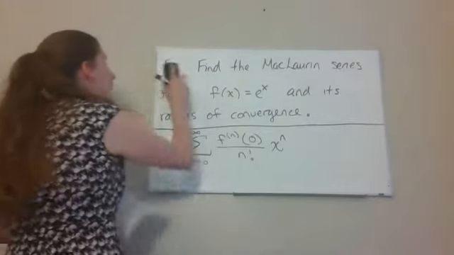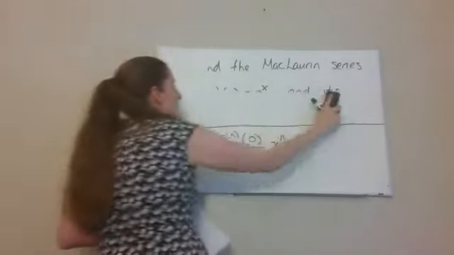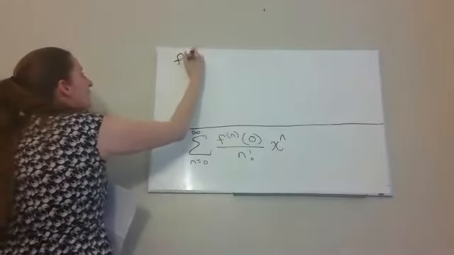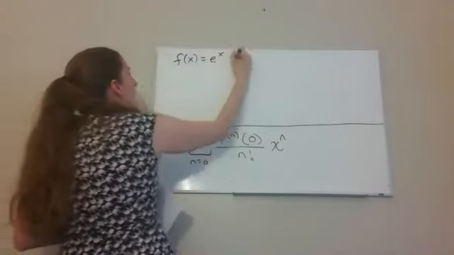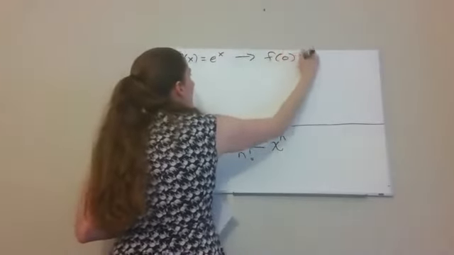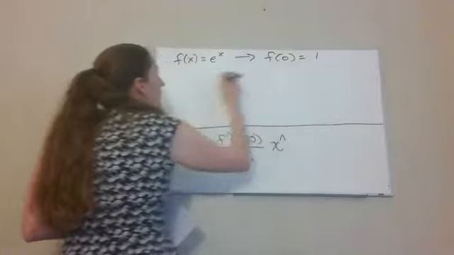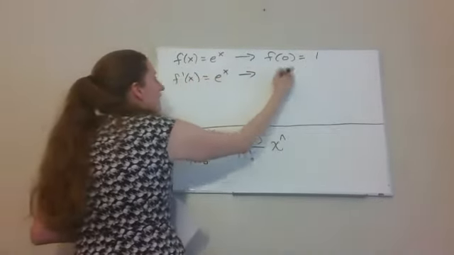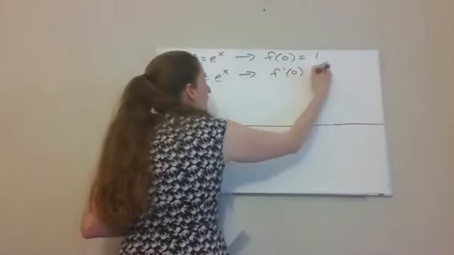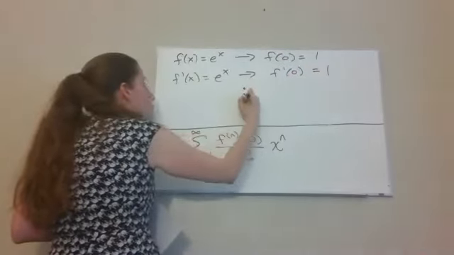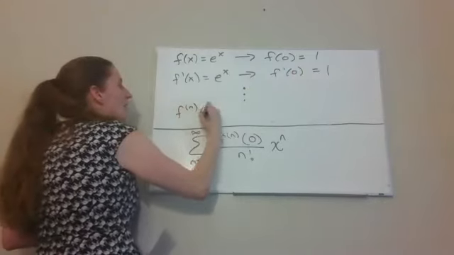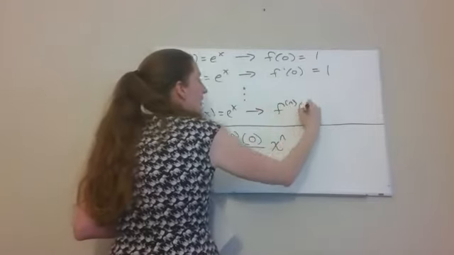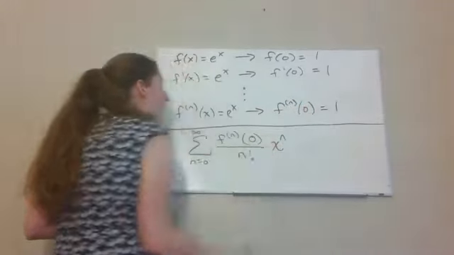Well, luckily, the function e to the x, it's super easy to find all of its derivatives. f of x is e to the x, so I know f of 0 is e to the 0, which is 1. When I take a derivative, I still get e to the x. So evaluated at 0, it's still 1. It doesn't matter how many derivatives I take.